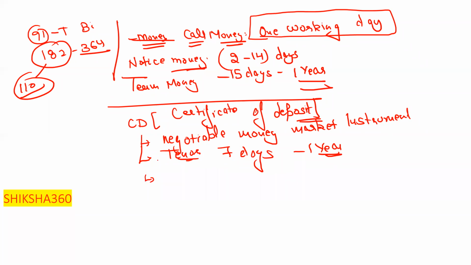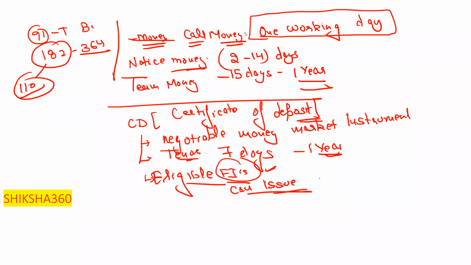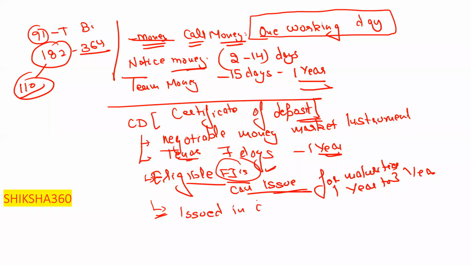Whereas eligible financial institutions, FIs, can issue for maturities of 1 year to 3 years. Next, they can be issued in dematerialized form or as a usance promissory note.